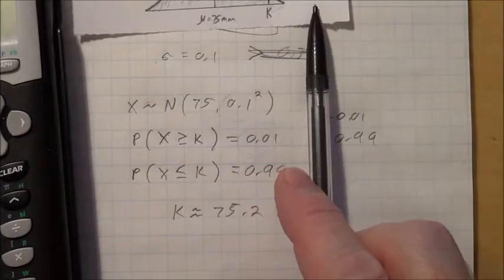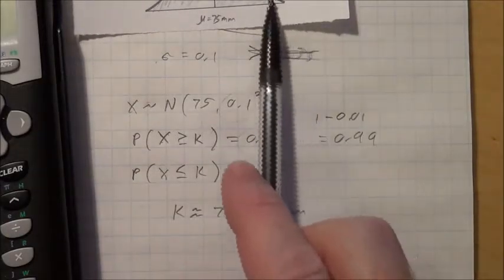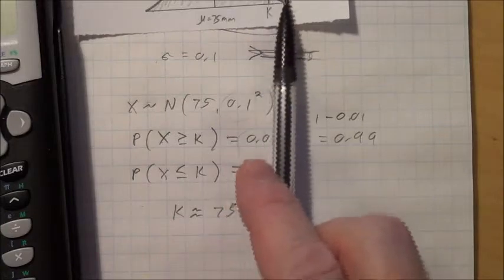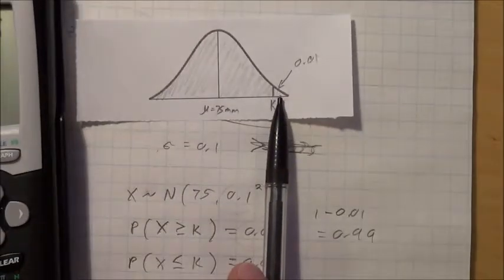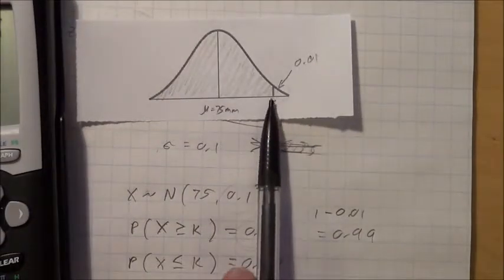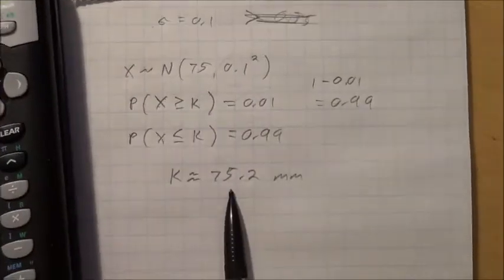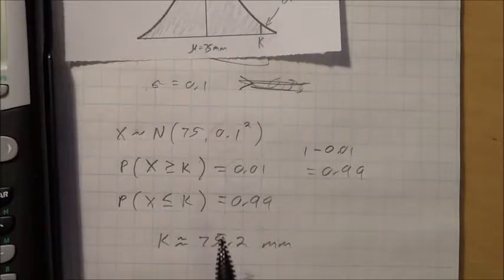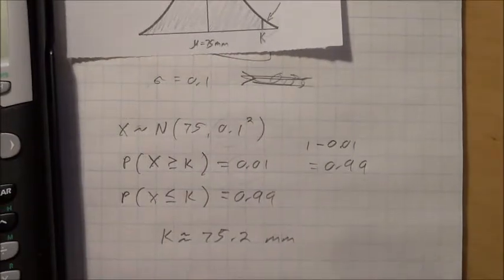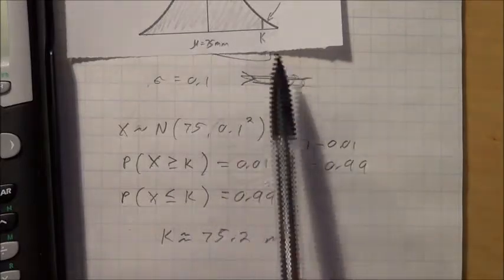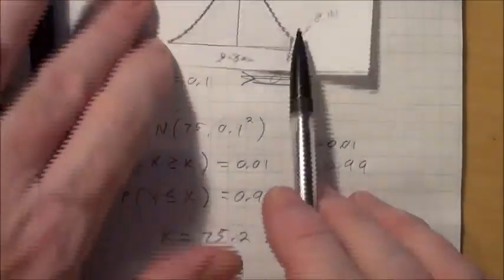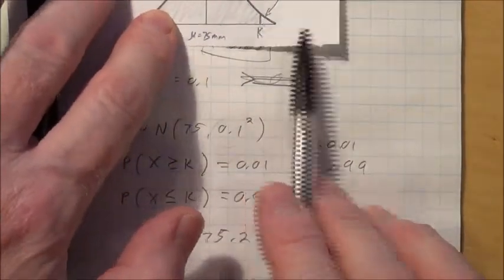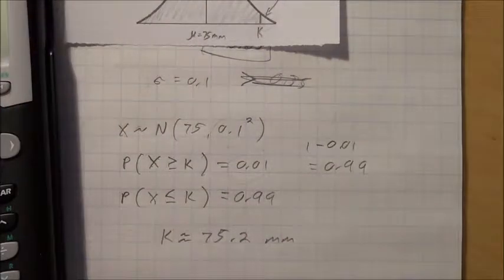All of those are going to be rejected, but the shortest of all the longest screws in that 1%, the shortest of those longest screws, is right at 75.2 millimeters. So that's the shortest of the screws that are rejected in this example. Okay, so all of those, the 1% above that, will all be rejected.